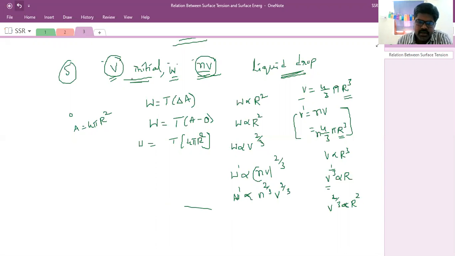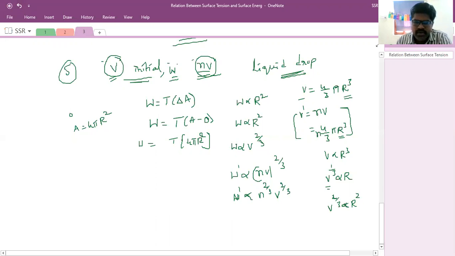Already W work is done to form a V amount of volume of liquid. Then the additional work is W dash minus W, that is N power 2 by 3 into V power 2 by 3 minus V power 2 by 3. Actually, here we keep some proportionality constant C, and that constant C you can write here.